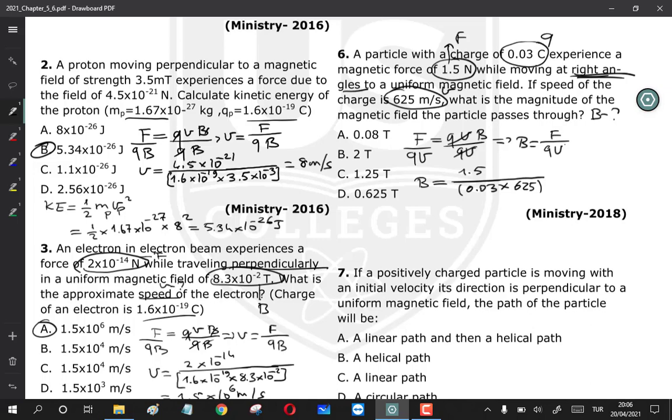Answer is 28. Let's calculate again. 1.5 newton divided by 0.03 multiplied by 625, close the bracket. Answer is no, 0.08. Sometimes I am surprised why I make such calculation mistakes. 0.08 Tesla. So this is A.